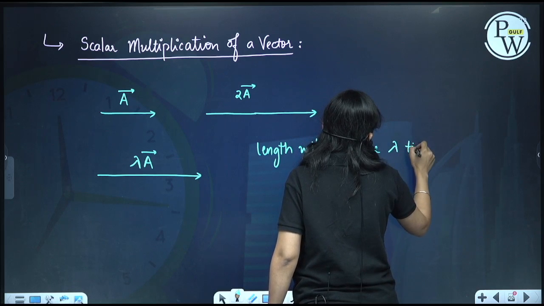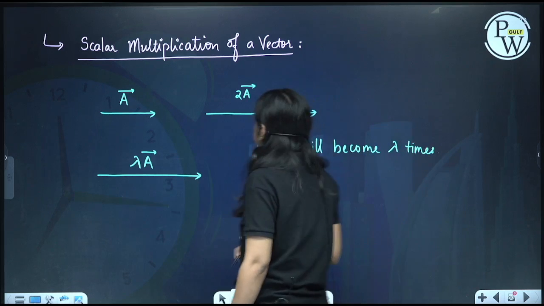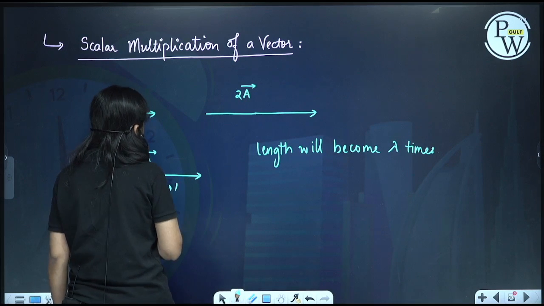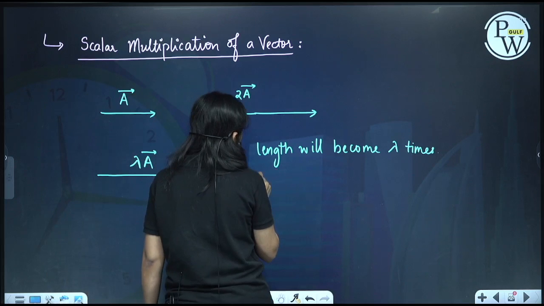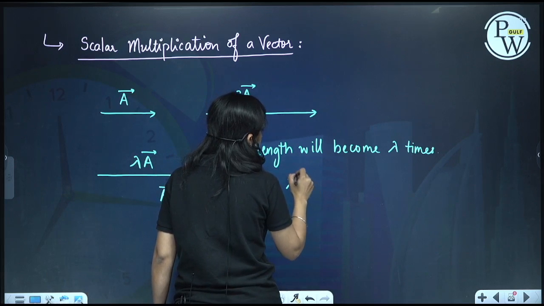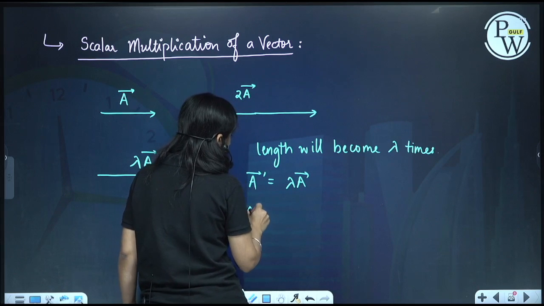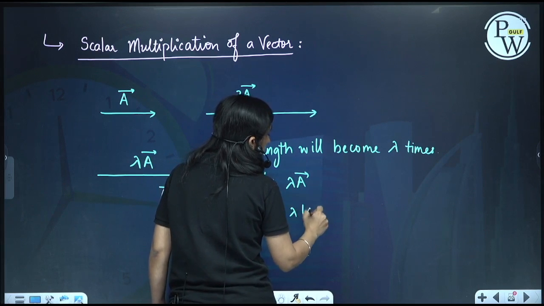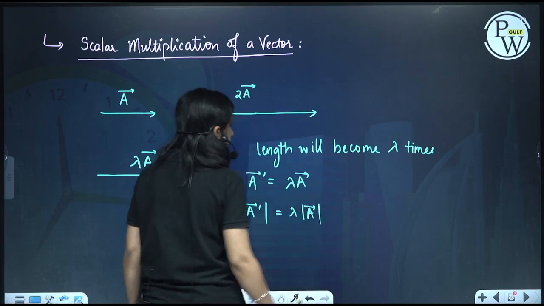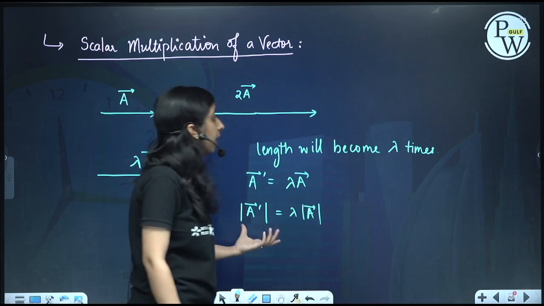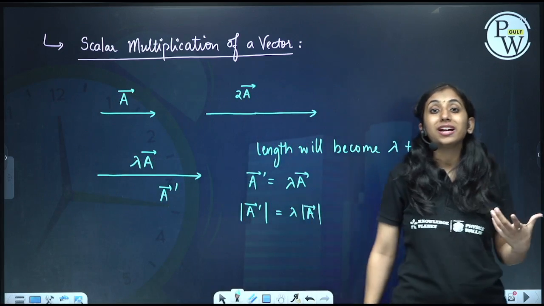This is my new vector, let's say a prime, where a prime is equal to lambda a. So magnitude of a prime vector will be equal to lambda times the magnitude of a. So vector will change.